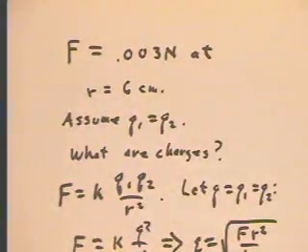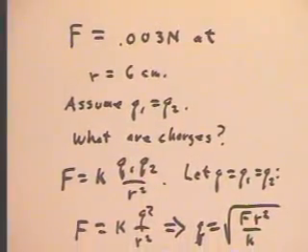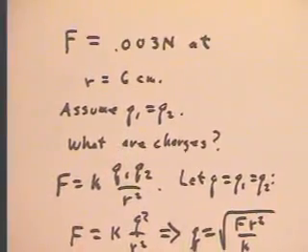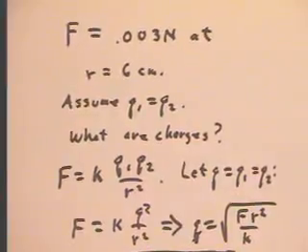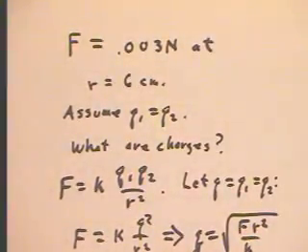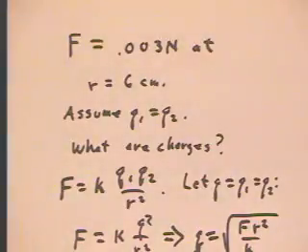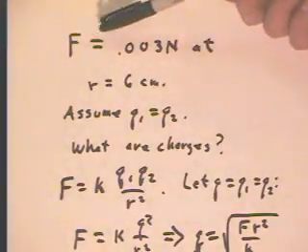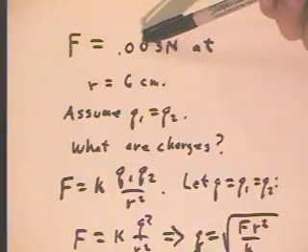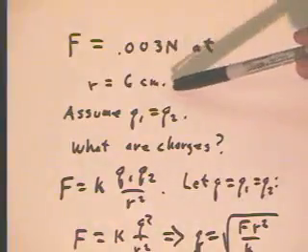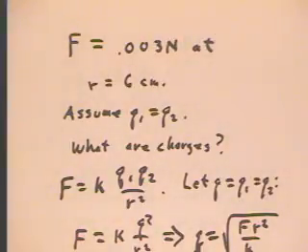From the deflection of the tape hanging as a pendulum and the weight of the tape, as we illustrated at the beginning of this session, we determined the force of attraction to be something like 0.003 newtons at a typical 6 centimeter distance.